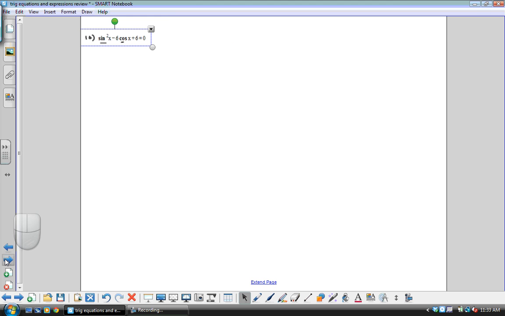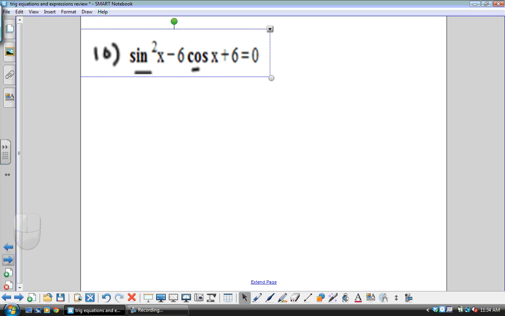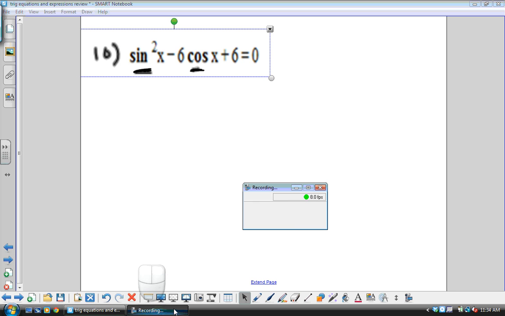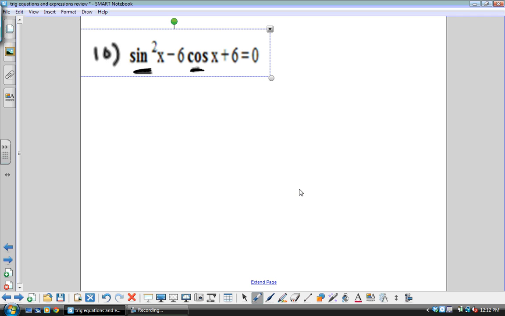Okay, number 10. Again, we're going to make a similar substitution here. We have sine squared and cosine. Now, what's going to go a lot better there is cosine squared. So now what we can do here is just substitute for sine squared 1 minus cosine squared.